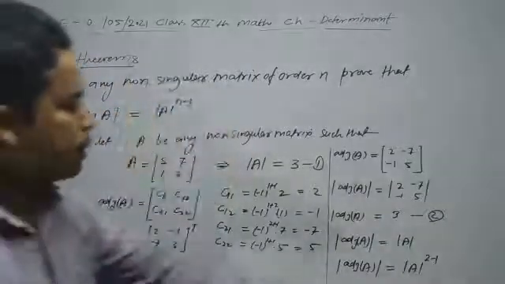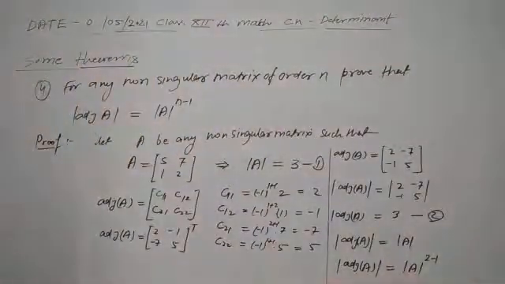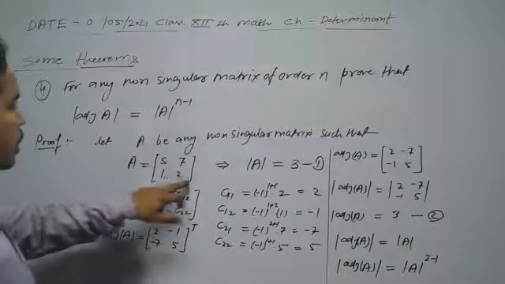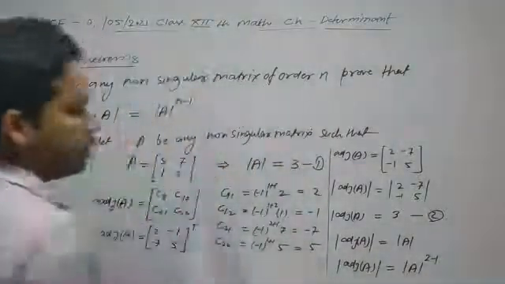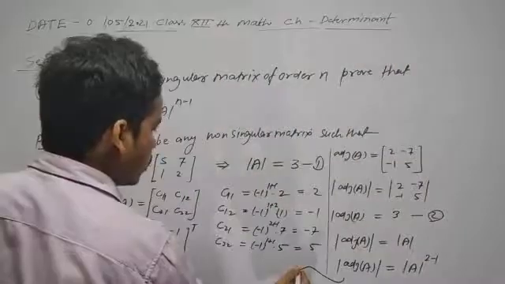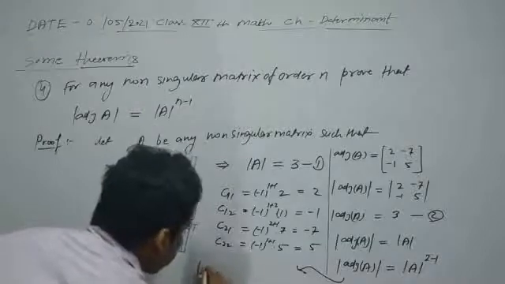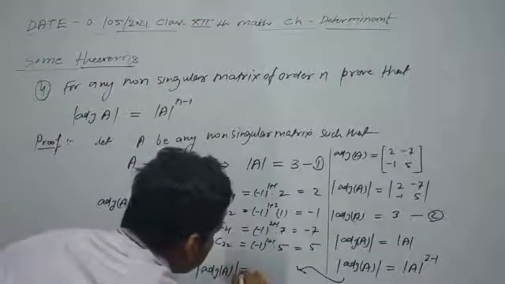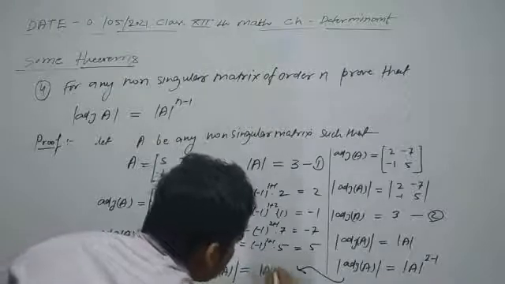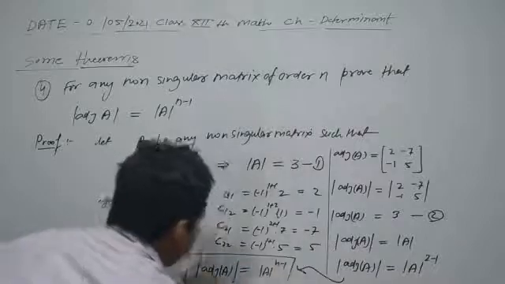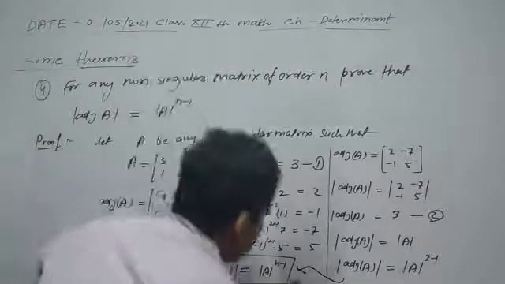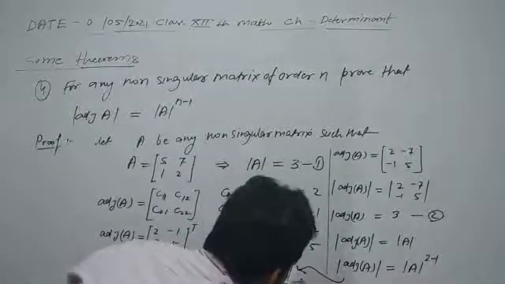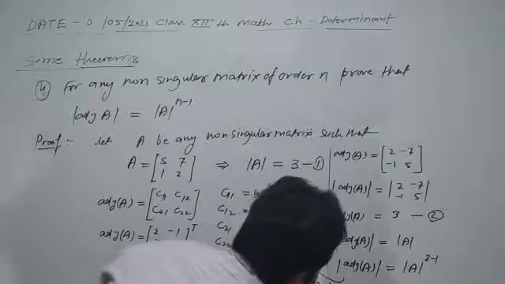So this power 2 denotes the order, the order of the given matrix A. Similarly, we can say determinant of adjoint of A is equal to determinant of A power n minus 1 for an order n matrix.